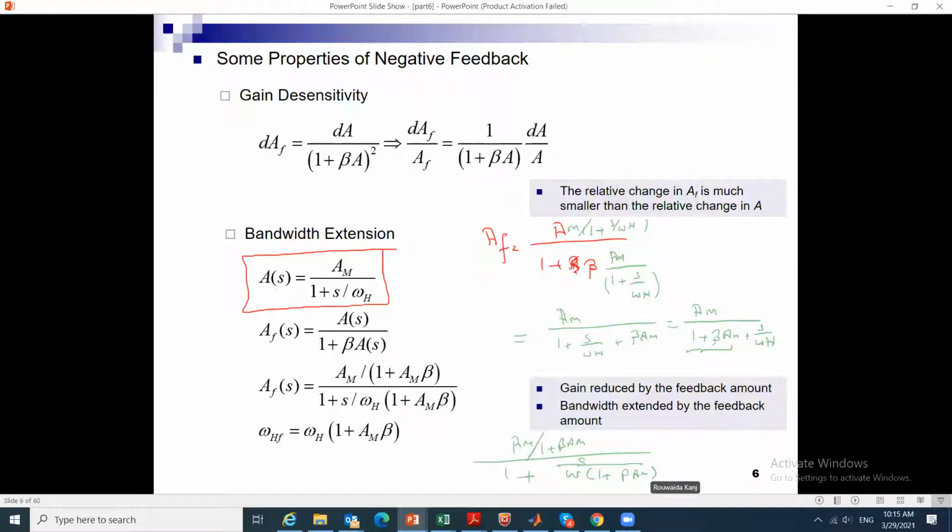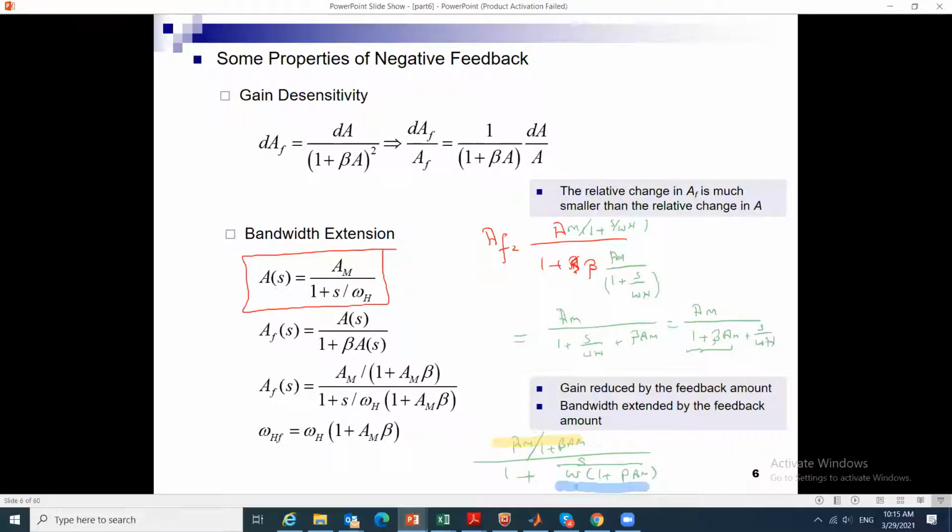Okay, so this term here is really the low frequency gain, which is AF, A over 1 plus beta A, and the other term here is really my 3 dB frequency.